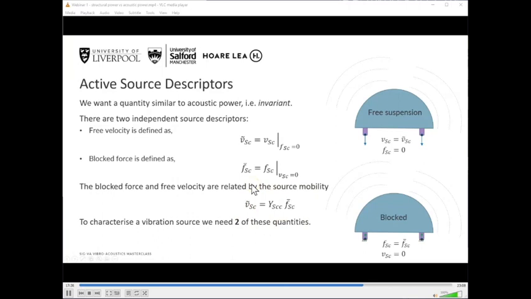So, this is all well and good, but we're interested in predicting structural power. Well, it turns out that by using these invariant source properties, alongside some description of the receiver structure, we can predict structural power based on a particular application.